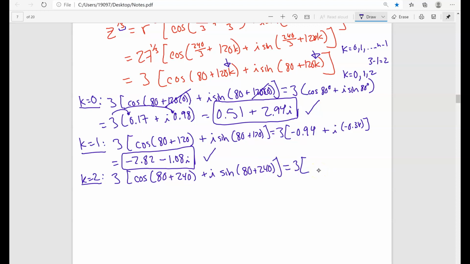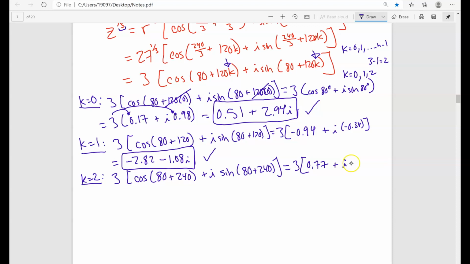So I'm now going to take the cosine of 240 plus 80. So 240 plus 80 is just going to give me 320. So I'm going to take the cosine of 320. And I'm going to get 0.76 or 0.77. Okay. And then I'm going to add this to the sine of the 80 plus 240.